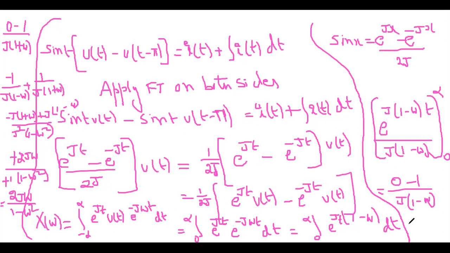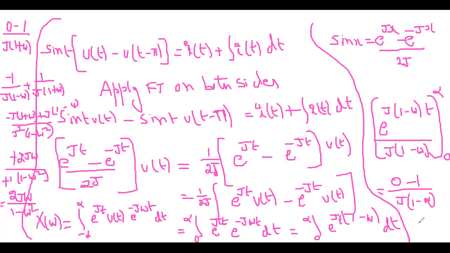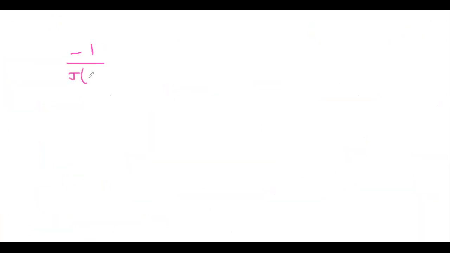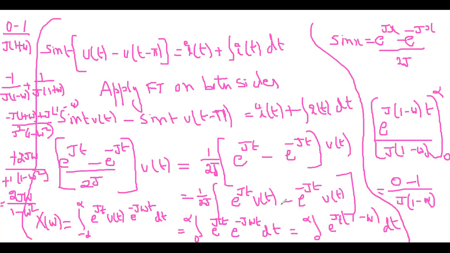Take the next one. But minus 1 by j omega into j into 1 minus omega. For the second one, e power, see, we have here the 2j is there, my dear students. 2j. Sorry, here the 2j is there.